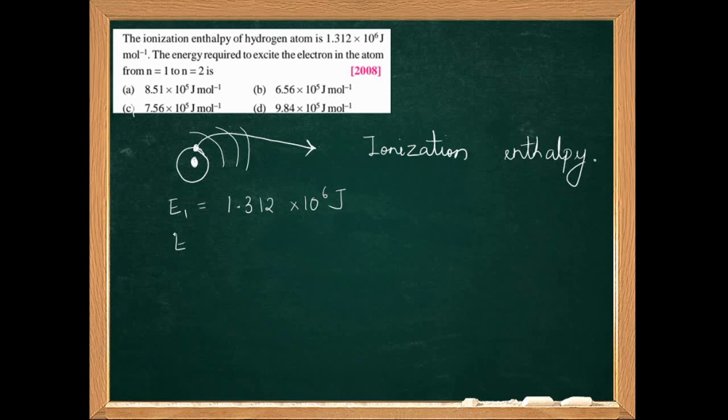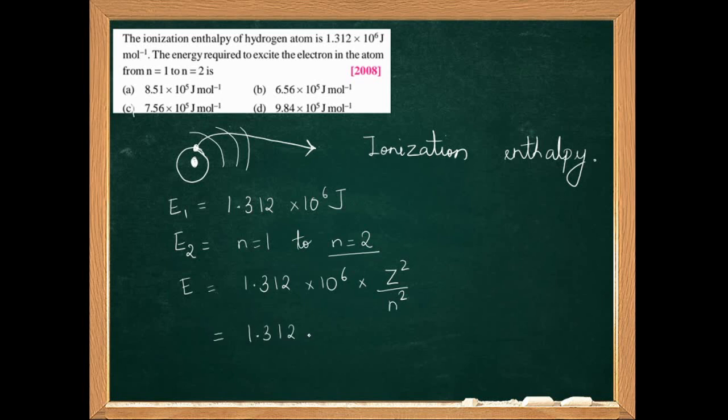Now I have to find the energy required to excite the electron in the atom from n equal to 1 to n equal to 2. So the final state is n equal to 2. So what is the energy? Energy is equal to 1.312 into 10 to the power 6, into Z square upon n square. This is a hydrogen atom, so Z will be equal to 1.